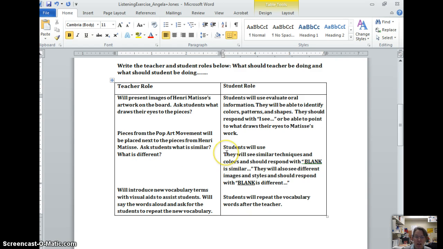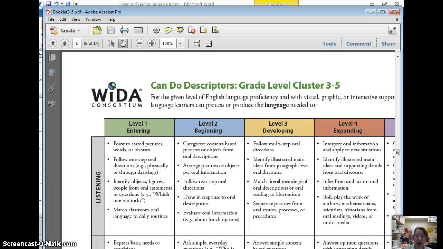Oh, now she's using the language of comparison. They will see similar techniques and colors and should respond with blank is similar to blank. They will also see different images and styles and should respond with blank is different. So let's again look at our can-do descriptors.